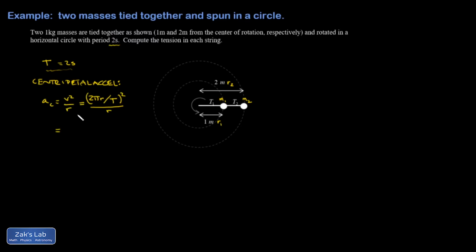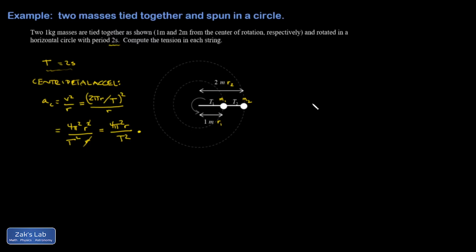So I keep v squared over r, and I end up with 4 pi squared r squared over T squared when I square that, and then there was an r in the denominator. One of those cancels, and I get my new formula, 4 pi squared r over T squared. That's going to be useful for this problem because we're given T instead of v.